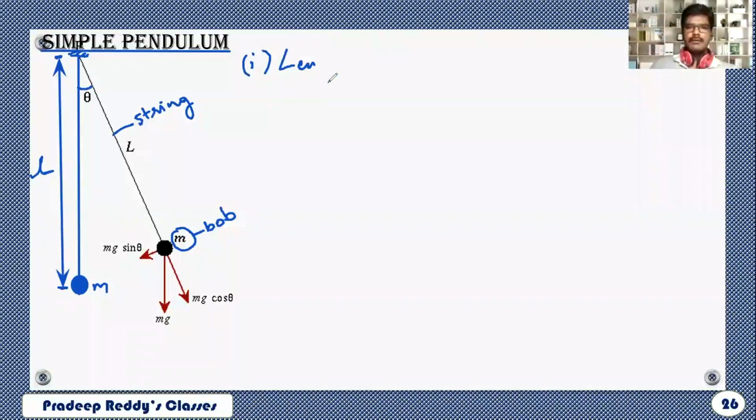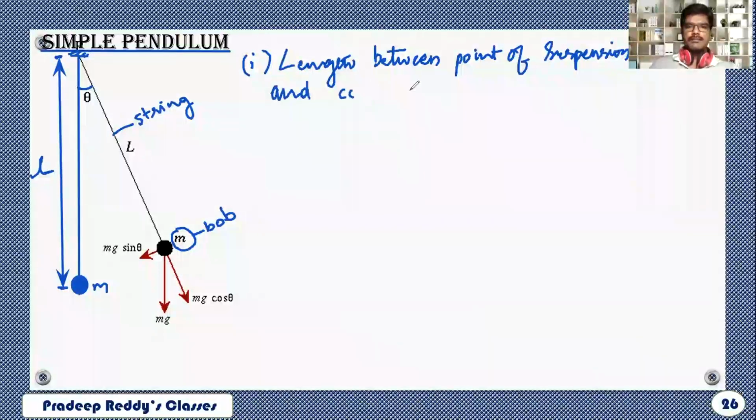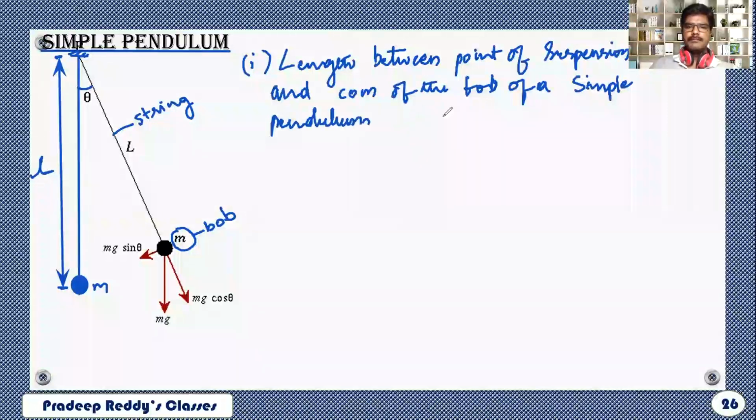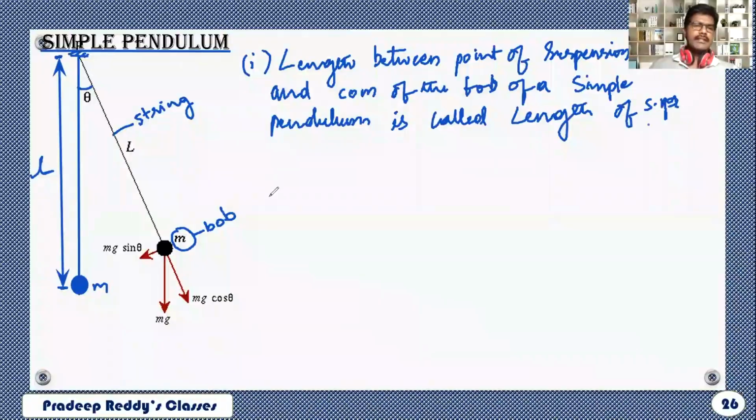The length between the point of suspension and the center of mass of the bob of a simple pendulum is called the length of the simple pendulum.